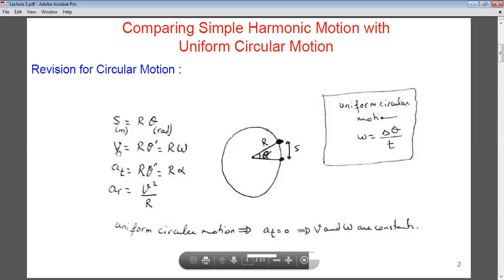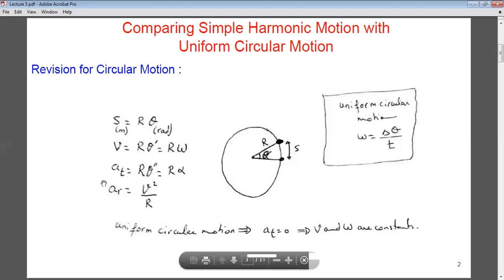The linear velocity of the rotating object is equal to R times the first derivative of theta. And we introduce that this theta prime is the angular speed, which we refer to by omega.